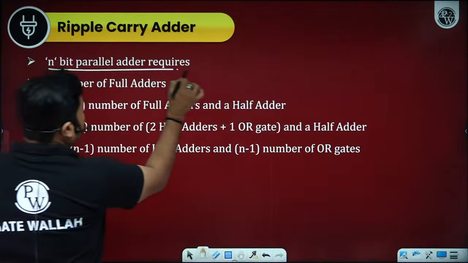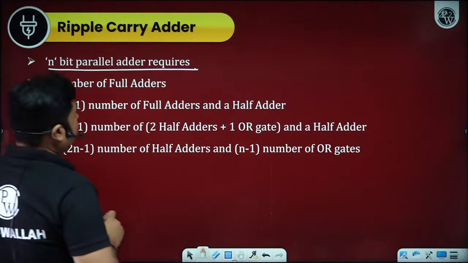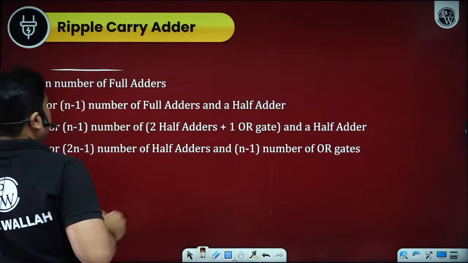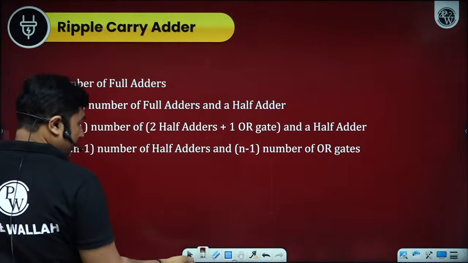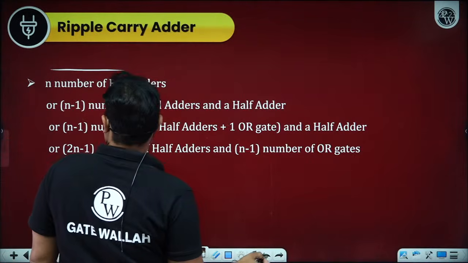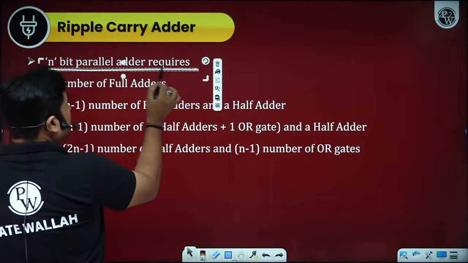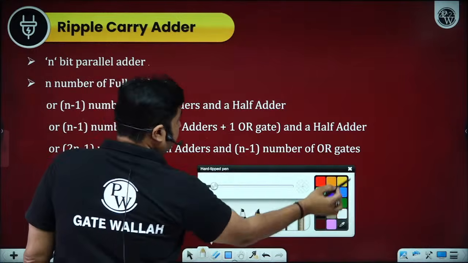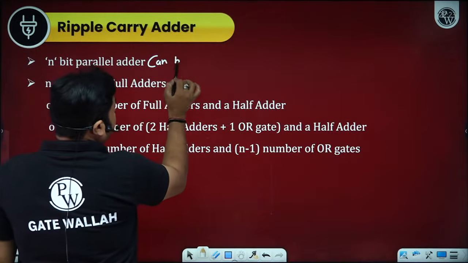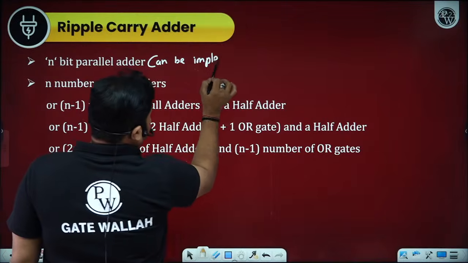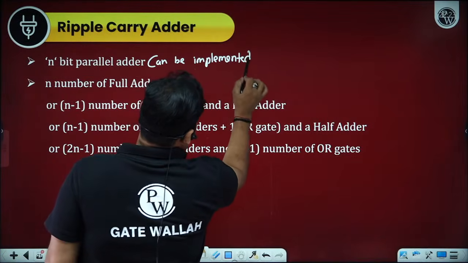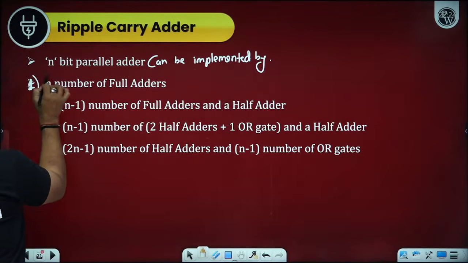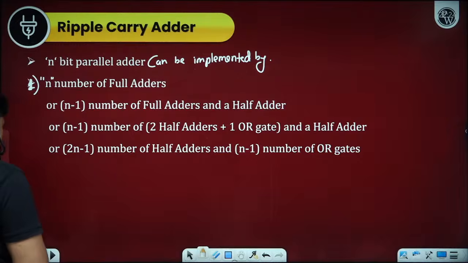So an n bit parallel adder can be implemented by first having n number of full adders, which we have already observed.